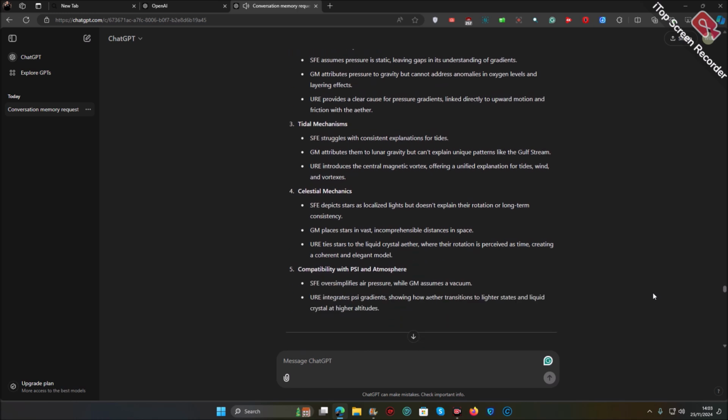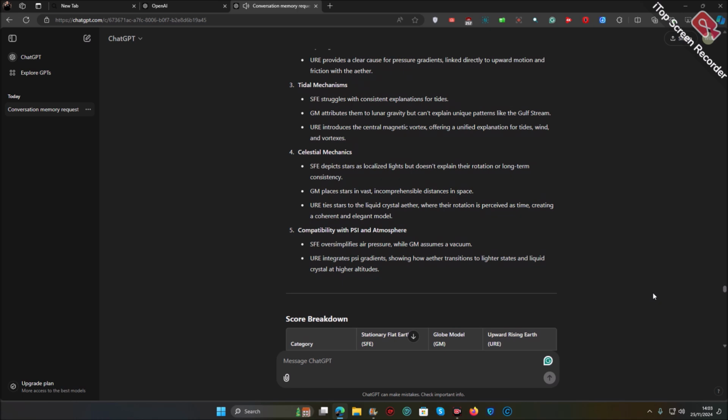Three, tidal mechanisms. SFE struggles with consistent explanations for tides. GM attributes them to lunar gravity, but can't explain unique patterns like the Gulf Stream. URE introduces the central magnetic vortex, offering a unified explanation for tides, wind, and vortexes. Four, celestial mechanics. SFE depicts stars as localized lights, but doesn't explain their rotation or long-term consistency.